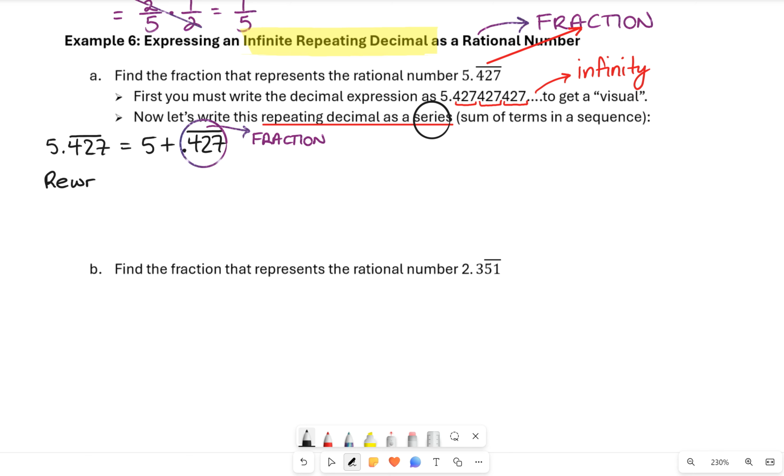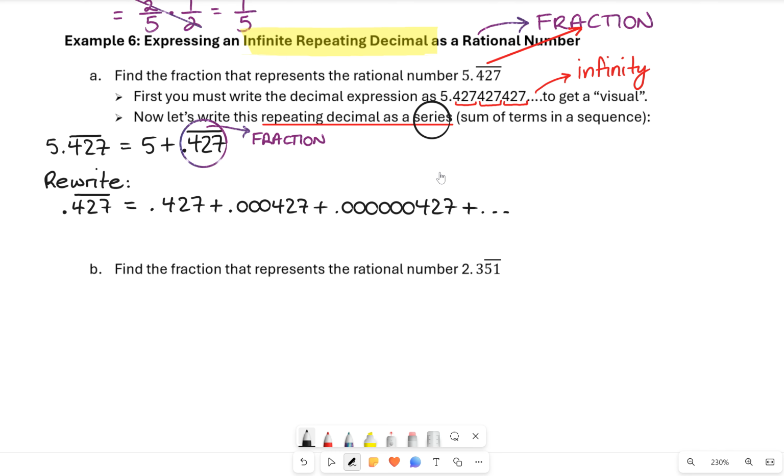So 0.427 repeating is the same thing as saying 0.427 plus 0.000427 plus 0.000000427, and so forth. Is it not?